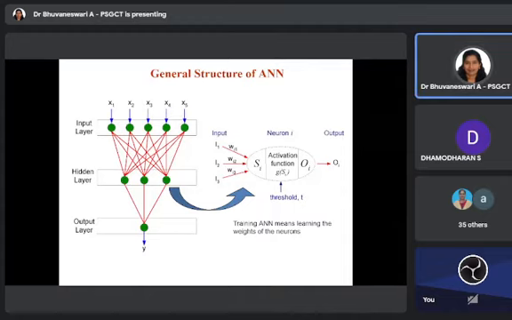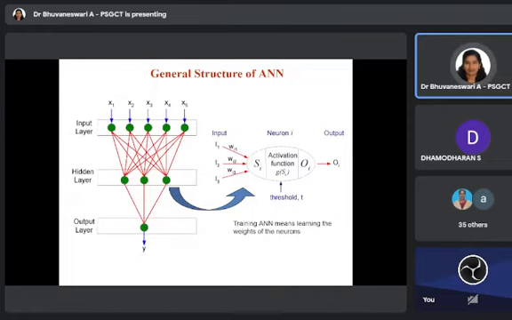Okay. So each and every neuron in the network will have multiple inputs, the weights assigned, the bias assigned. Then you have the neuron structure, wherein you have the model, the activation function, and the output generator.